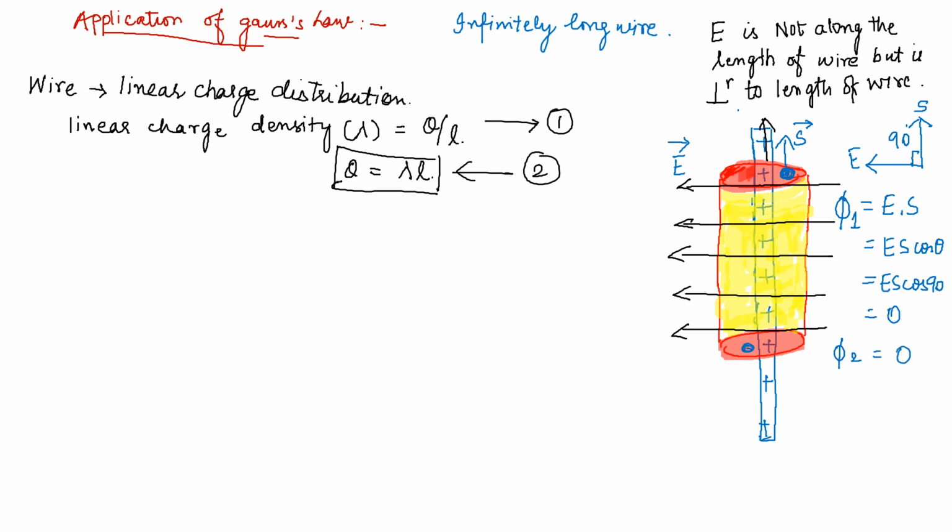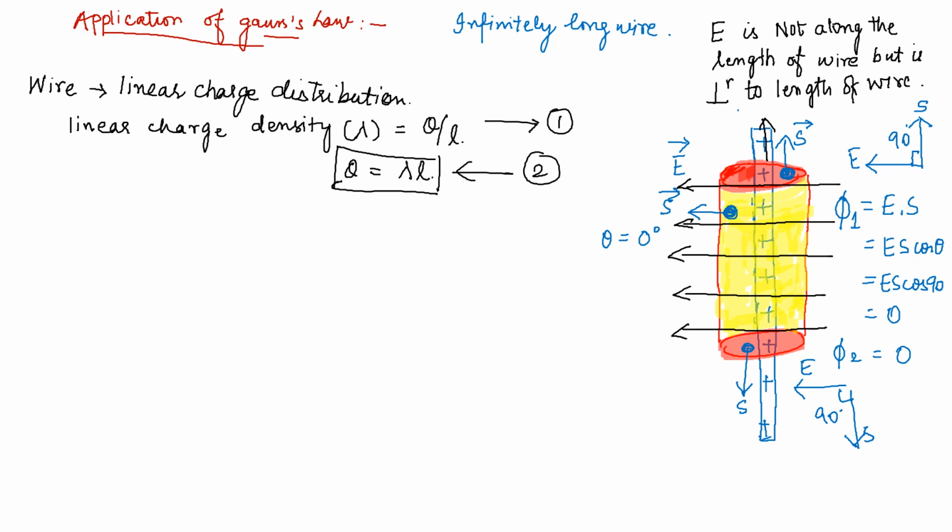The surface over here, it is moving in this direction S. So S like this and E like this, making a 90 degree angle. But here the surface is over here which is having the same direction as of the E. Both are parallel. So the theta over here is 0 degree.